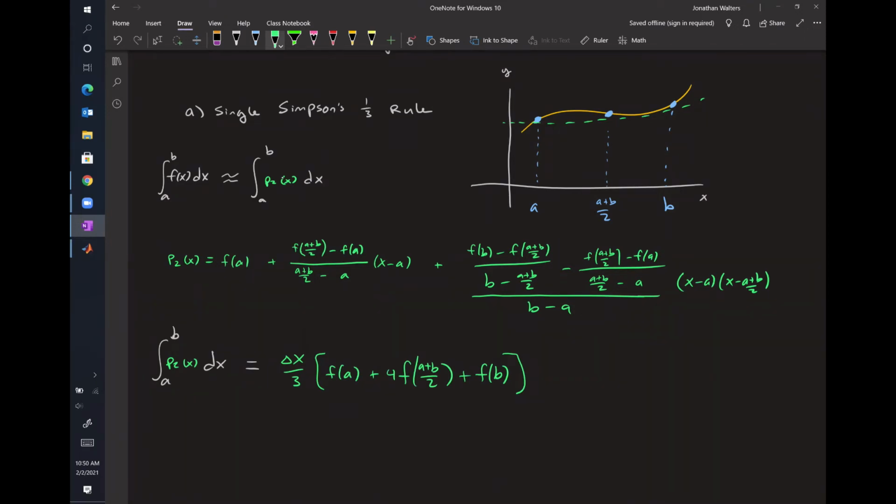So that's our Simpson's 1/3 rule. So this is a single Simpson's 1/3 rule.